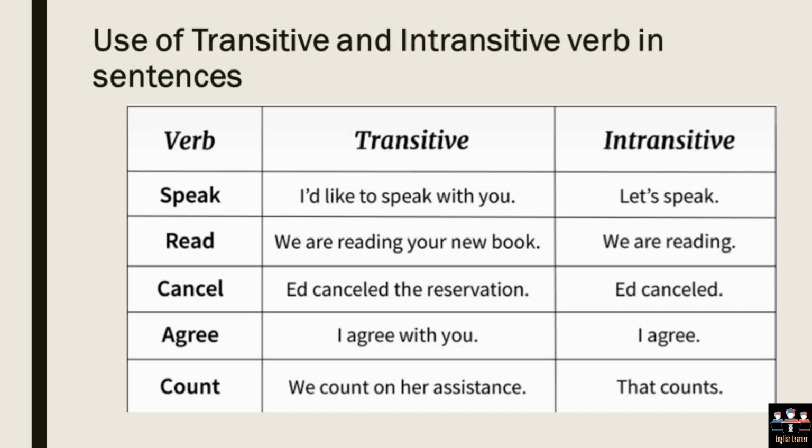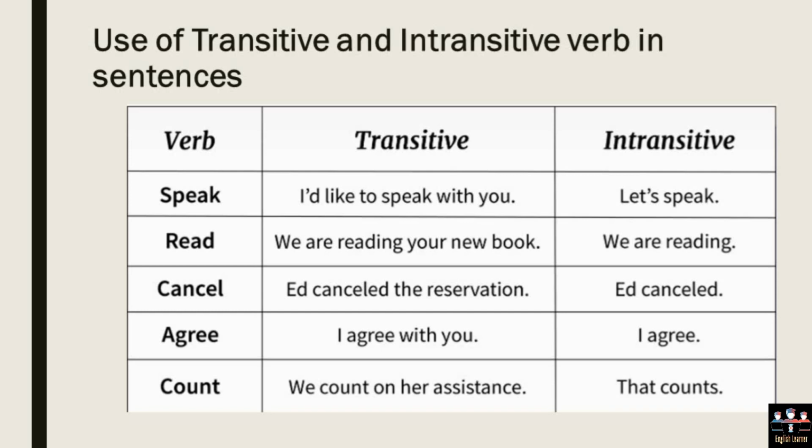As transitive, you would say, I would like to speak with you. This is a transitive example because speak is directly passing its meaning on you, which is a pronoun. Speak acts as an intransitive verb like in, let's speak. In this example, we do not have any object, so it is acting as an intransitive verb.